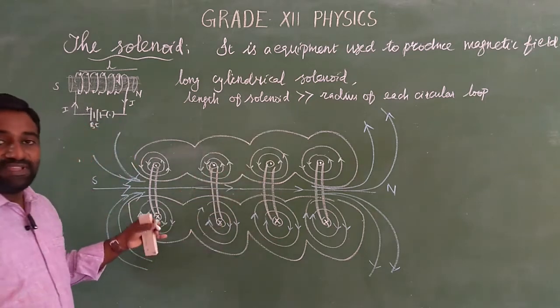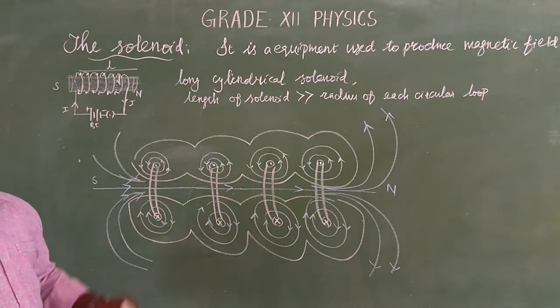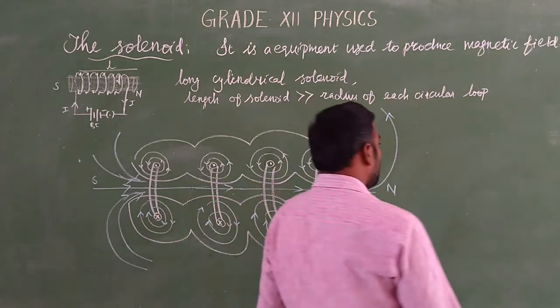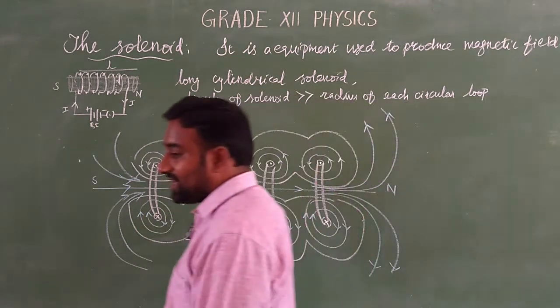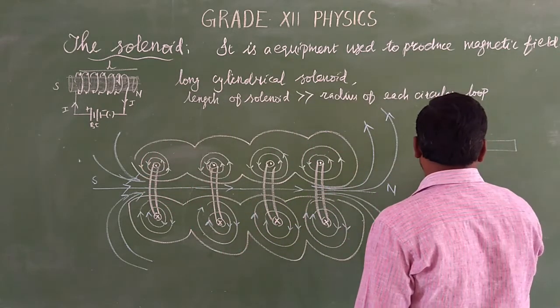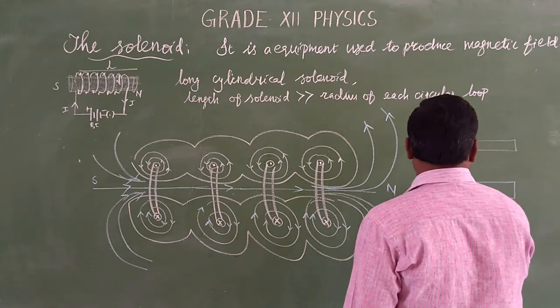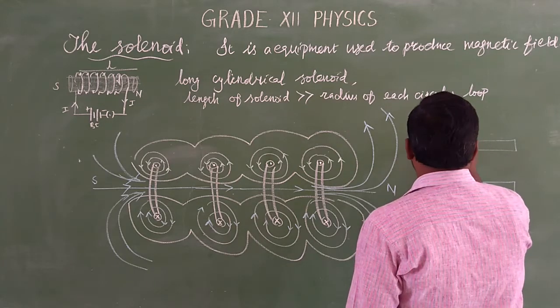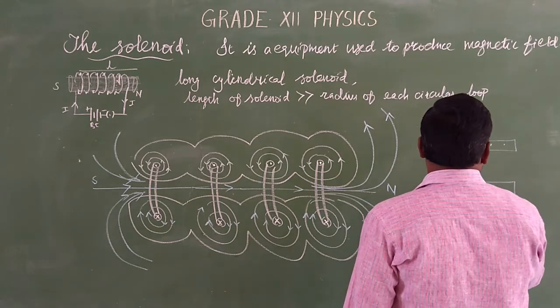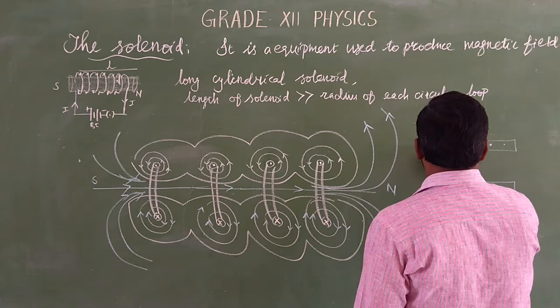So this diagram depicts the cross-sectional view of the solenoid. Also we can draw the diagrams like this. So in all these places it's a dot. The current is emerging out here and into the plane there.